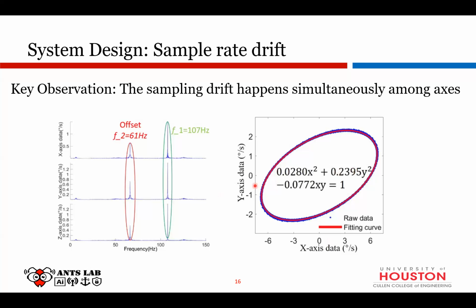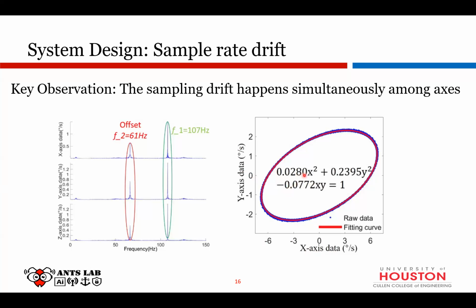We can find that this trajectory looks like an ellipse. So it means although the sampling drift occurs, the frequency of the sinusoid signal in the x-axis and the y-axis is actually the same.